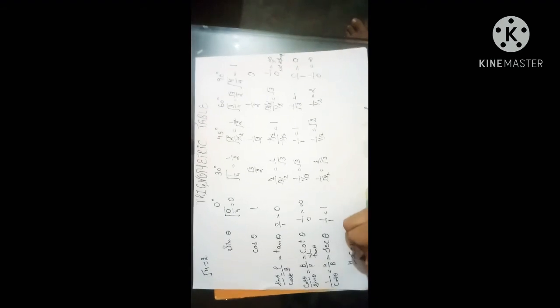Next, come to cosecant theta. Cosecant theta is H upon P, that is 1 upon sin theta.